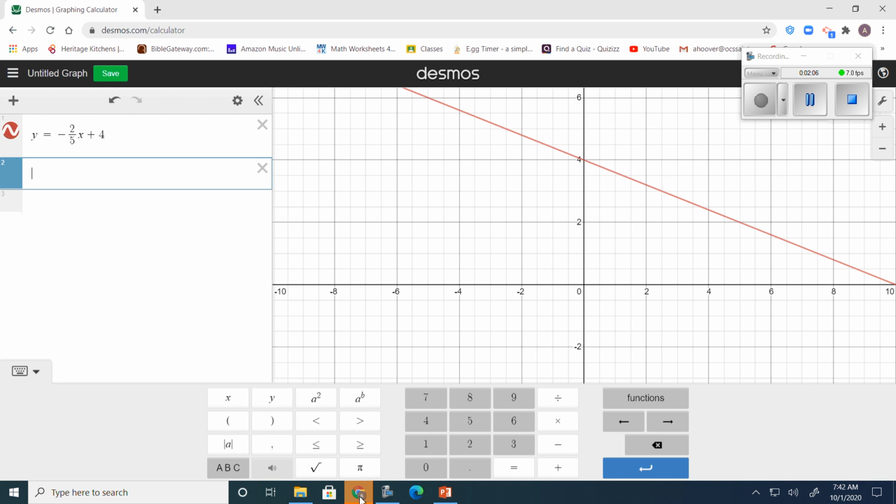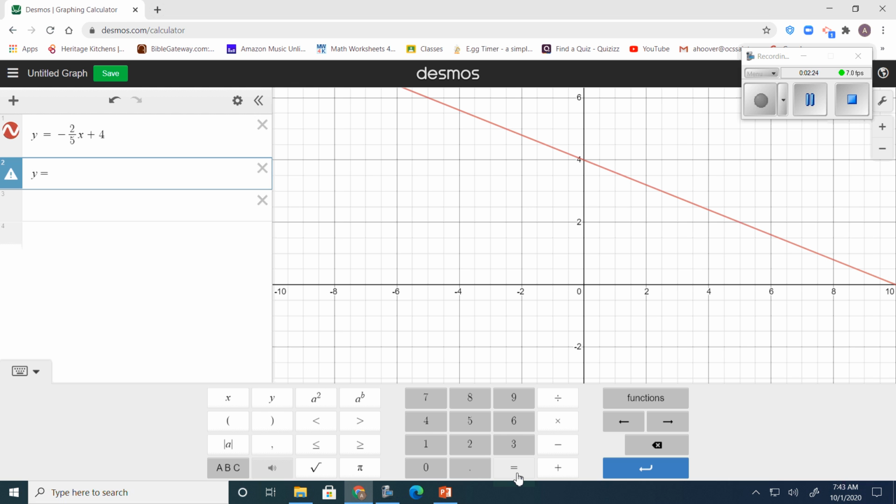So I can go back over here, and I can type in another equation. Y equals, oops, that's pi. Let's see, where's my backup button? There it is. And where's my equal sign? There it is.